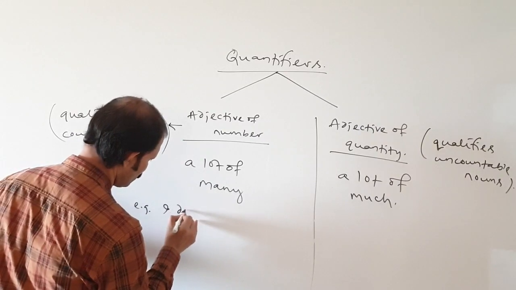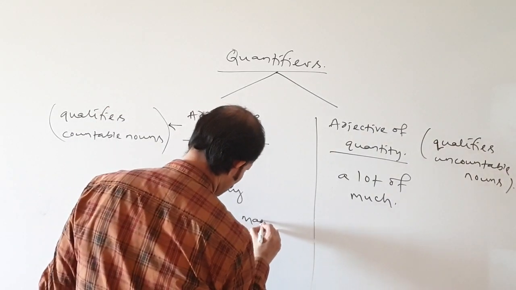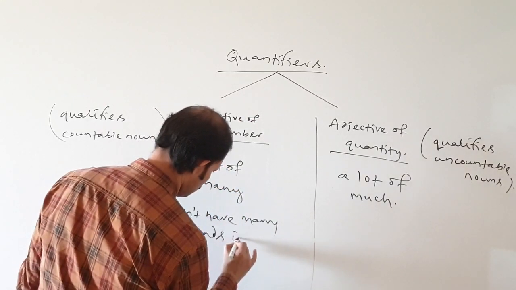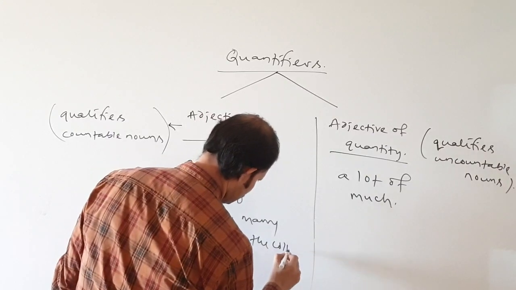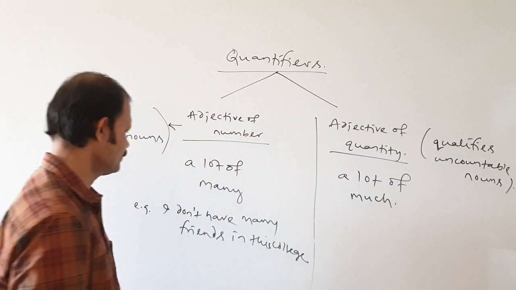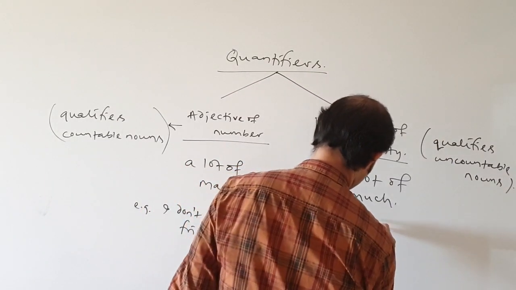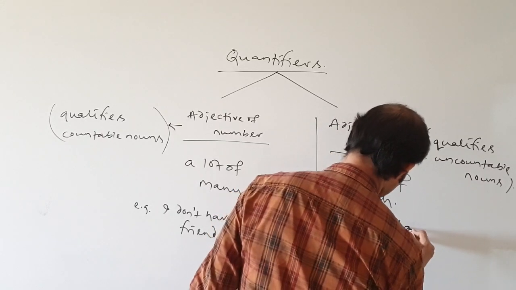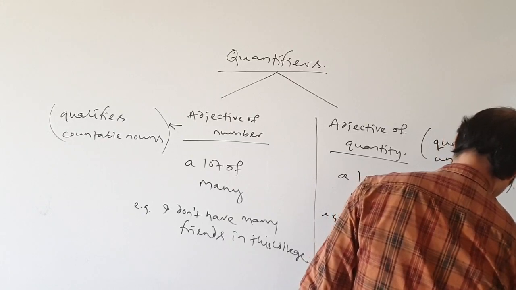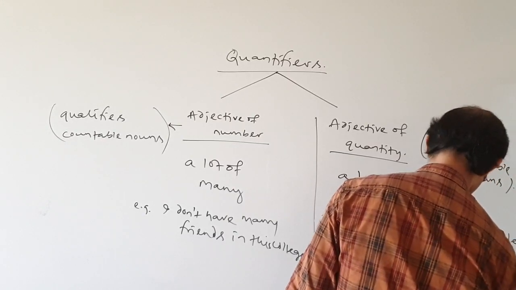Example: I don't have many friends in this college. And here, I don't have much knowledge in this field.